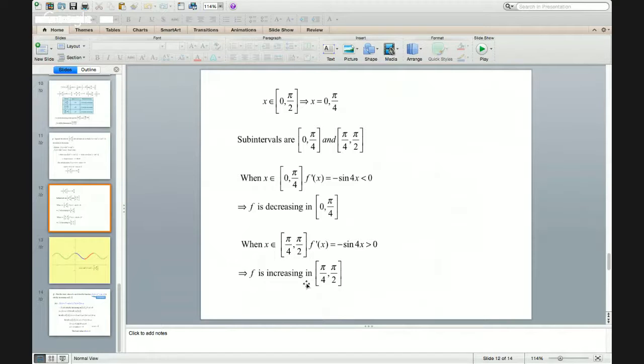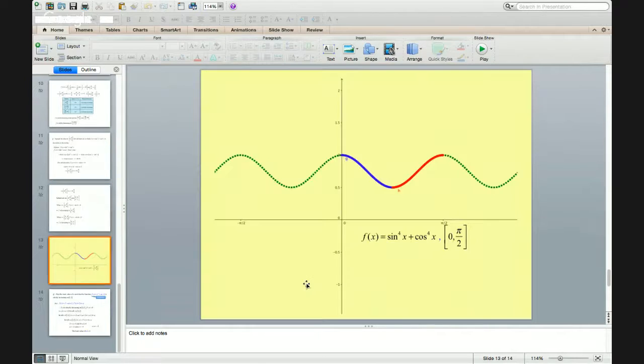Again, I was curious to see what this function looks like, because we have never plotted such intricate functions. So if you use a software, here it's GeoGebra, then this green curve represents sine x to the power 4 plus cos x to the power 4. Over its entire domain, it's neither increasing nor decreasing. And when you look at the interval 0 to pi by 2, it changes its behavior at pi by 4.